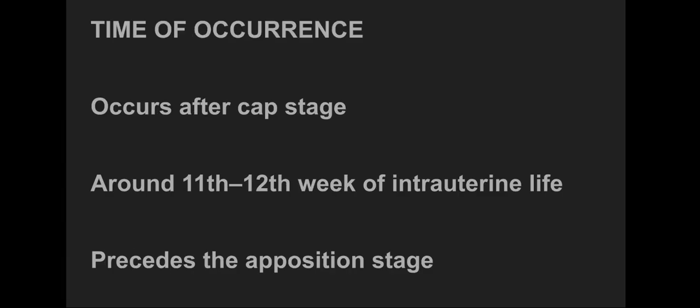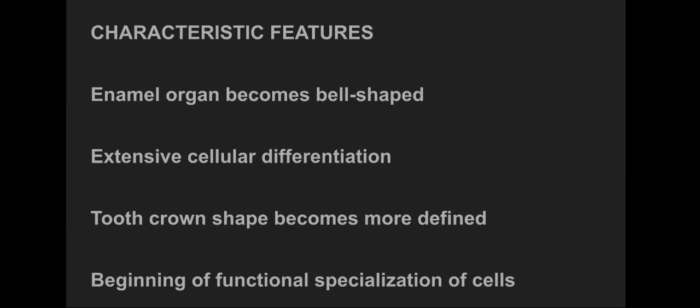The time of occurrence is after the cap stage, around the 11th or 12th week of intrauterine life. The characteristic features: the enamel organ becomes bell shaped, extensive cellular differentiation, the tooth crown shape becomes more defined, and functional specialization of cells begins.